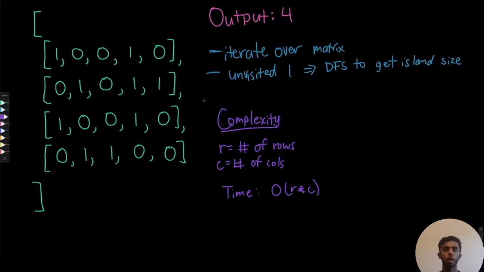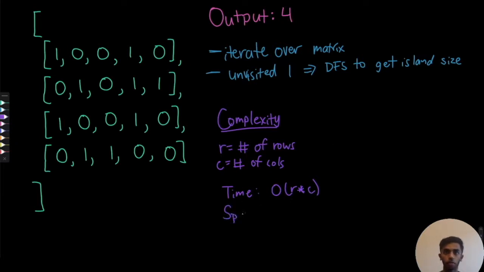Another way to think about that is in the worst case scenario, we touch every point in this matrix exactly twice. It can never be more than that. So our complexity would be O of 2 times the number of elements in our matrix, which is 2 times R times C, and we know that we can drop constants with complexity. So it's just R times C.